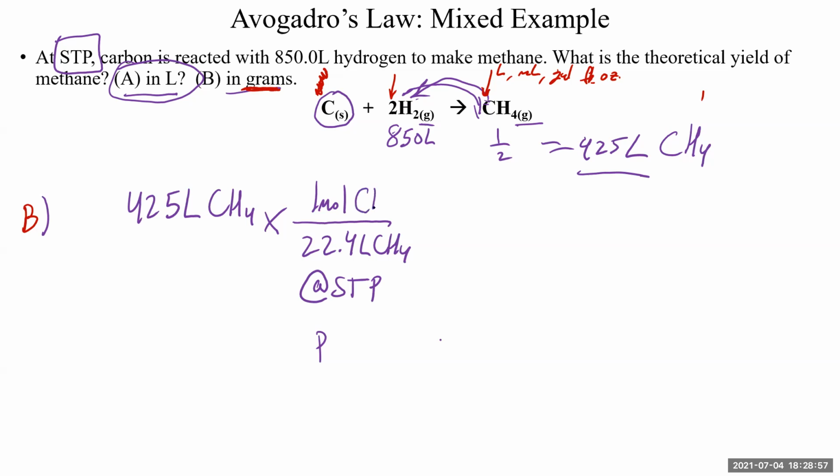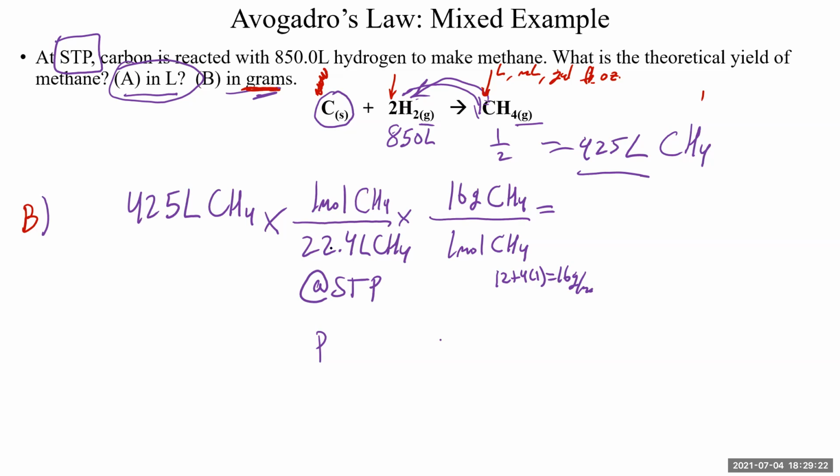That gives 1 mole of CH4, but of course we don't want moles, we want grams. So that's okay. Every 1 mole of CH4, methane, is 12 plus 4 times 1 equals 16 grams per mole. So 16 grams of methane for every 1 mole. So that's 16 times 425 divided by 22.4.